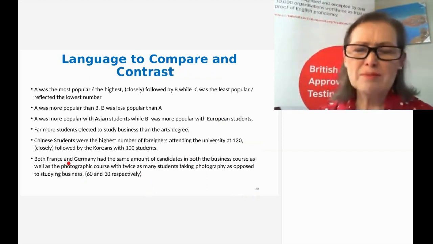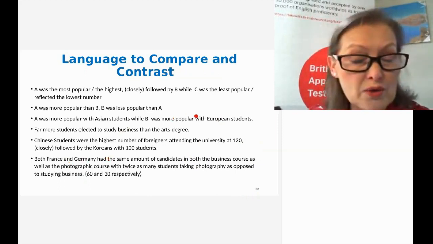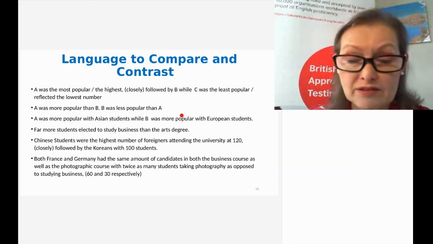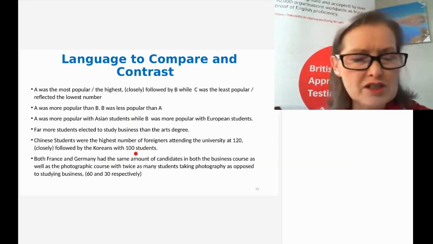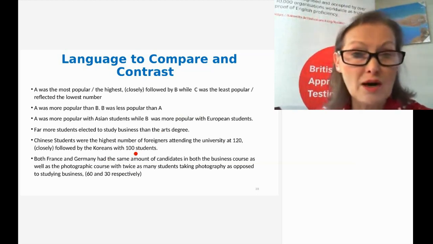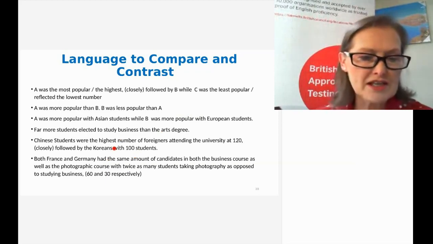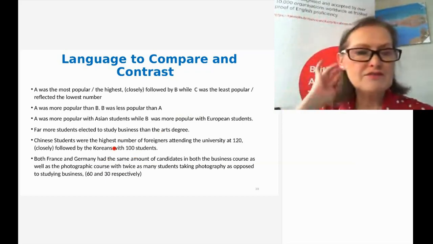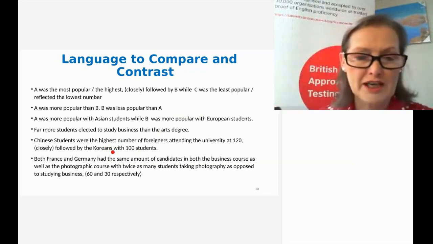Now, comparative language is not always that easy to use accurately. So if you're aiming for a high level, if you're aiming for a 7.5, you need to be able to use comparative language and superlatives quite accurately. So if you have a look, just read these sentences through with you, because they're different ways that we can communicate these points.